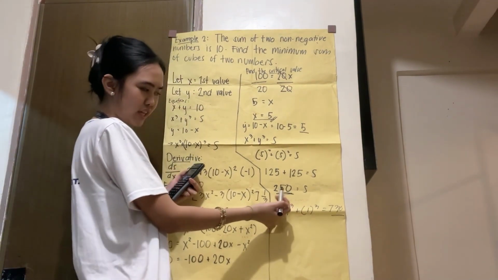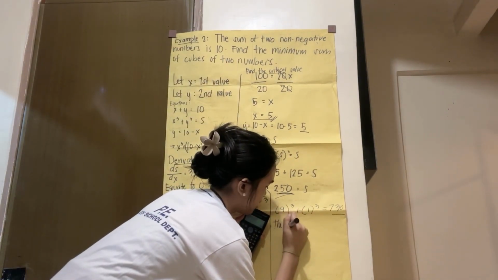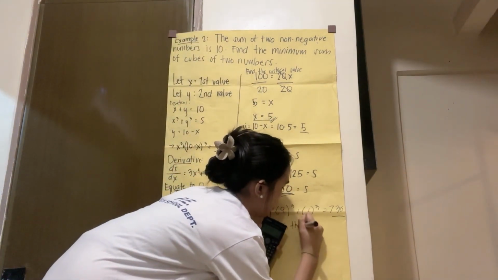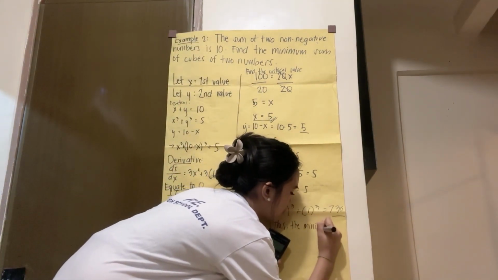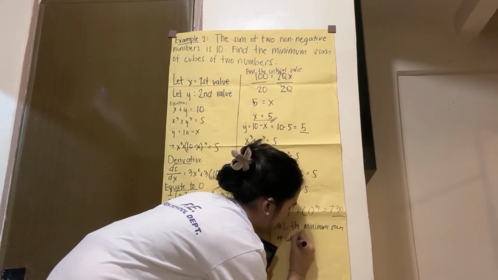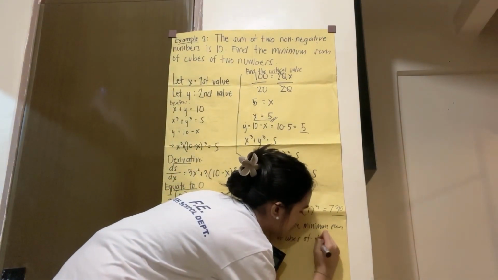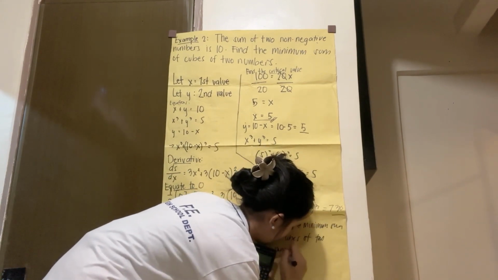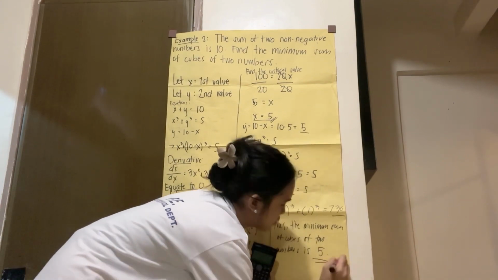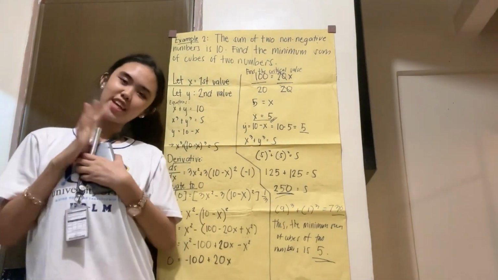The answer is 250 when cubing the 5. So, thus, the minimum sum of cubes is 250. So that's it. Thank you for listening.